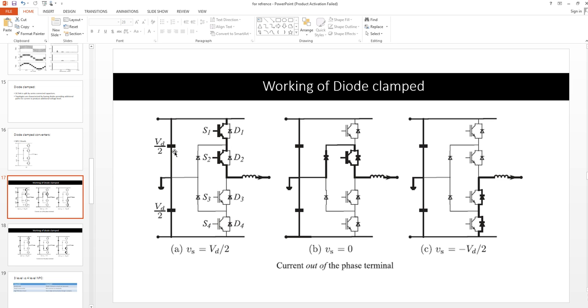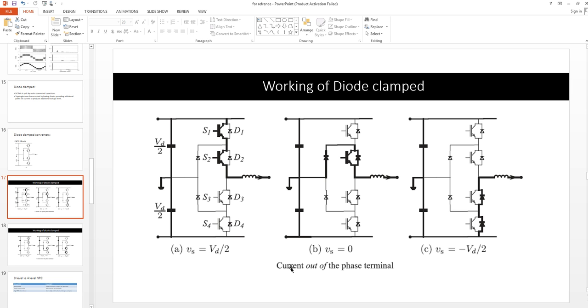Now, in order to produce the Vd by 2 level at the output voltage, we have to turn on switch S1 and switch S2. So the current will flow from this capacitor through S1, following the path to S2, and we will get the voltage level Vd by 2.